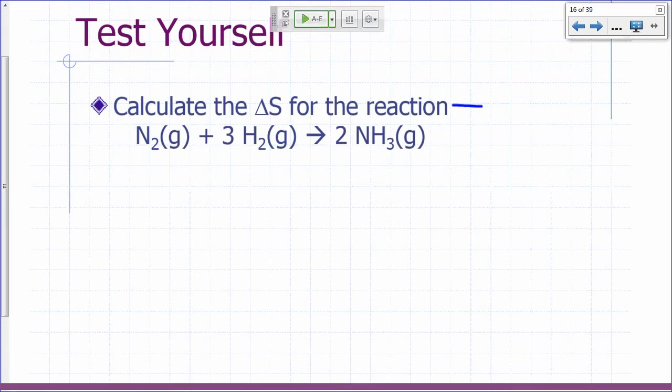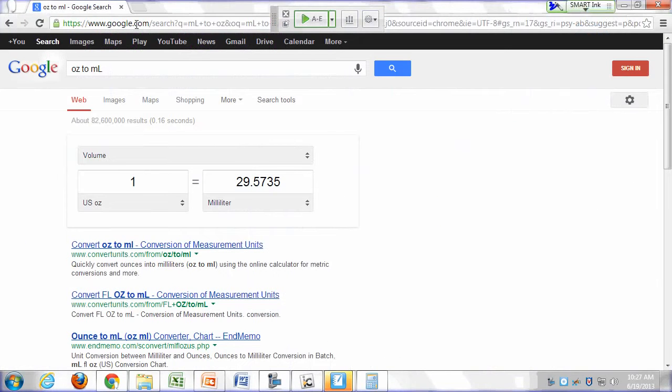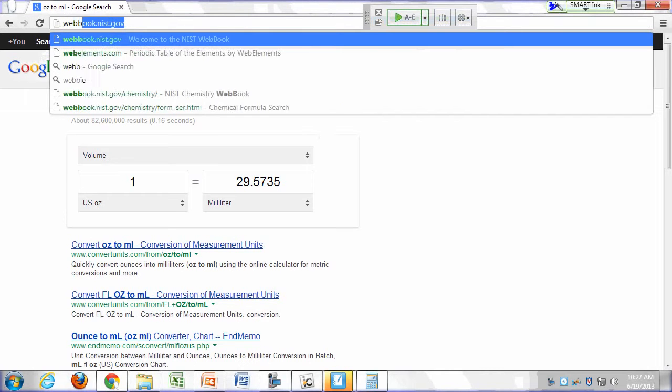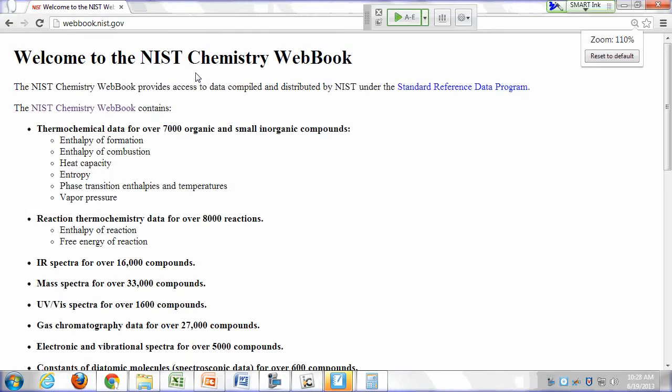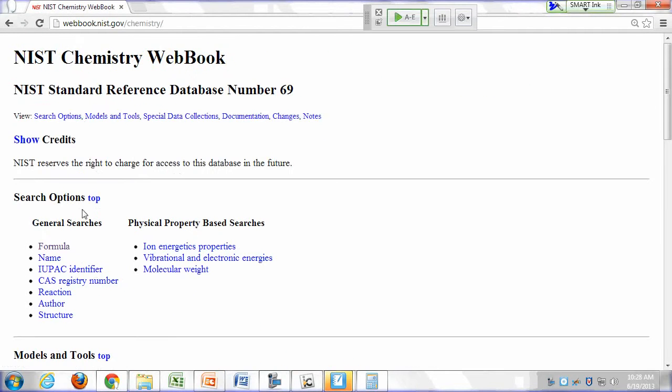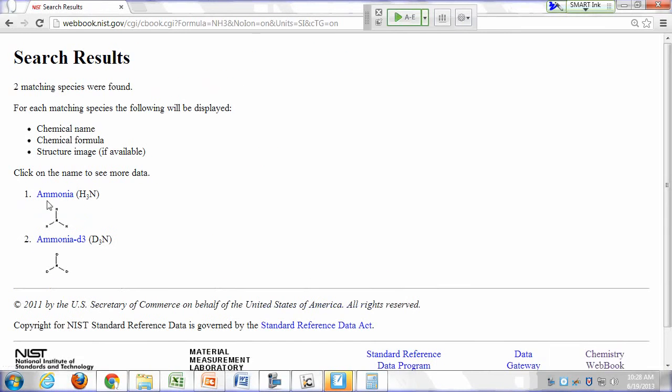A good source would be the back of your book, where there's a table, or you can go to webbook.nist.gov, click on NIST Chemistry Webbook, and do a search. We're interested in NH3, so we look at gas phase data for NH3, ammonia.